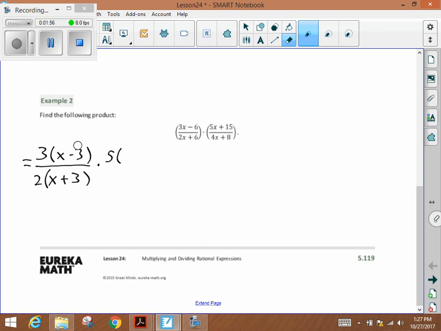Sorry about that. It should be x minus 2. And over here, I can factor out a 5, and that's 5 times x plus 3. In my denominator, I can factor out a 4, and it's going to be 4 times x plus 2. There we are.